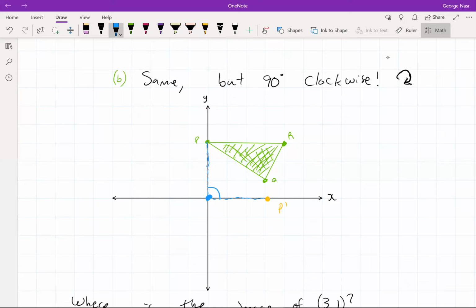As for Q, you could estimate what 90 degrees is from here. You should expect 90 degrees. Remember, these are right angles, right? So you should expect it to be something like this, but you can actually be precise.